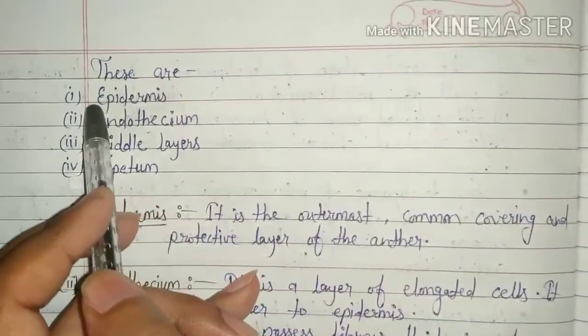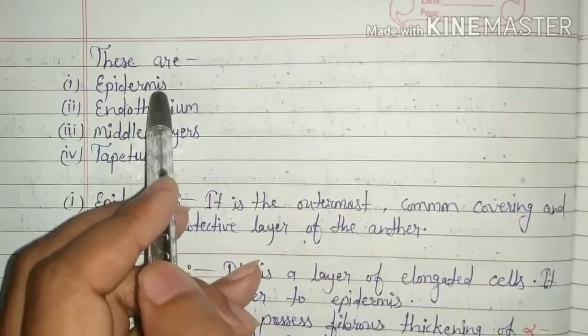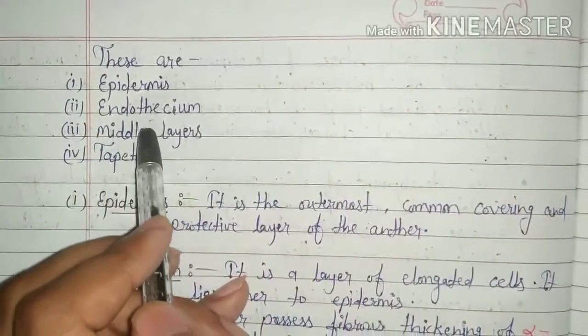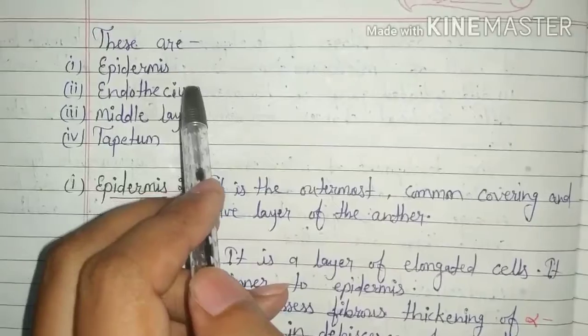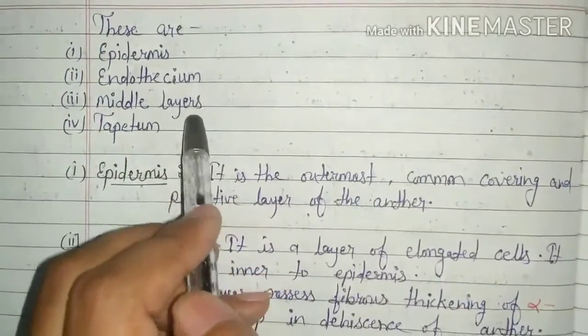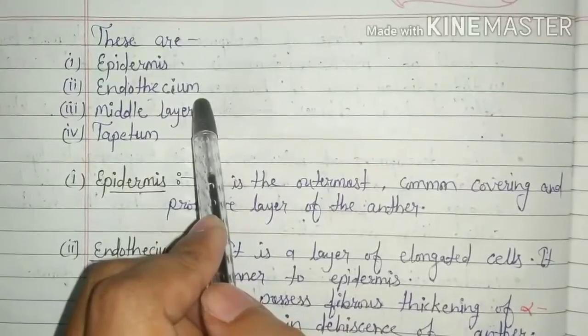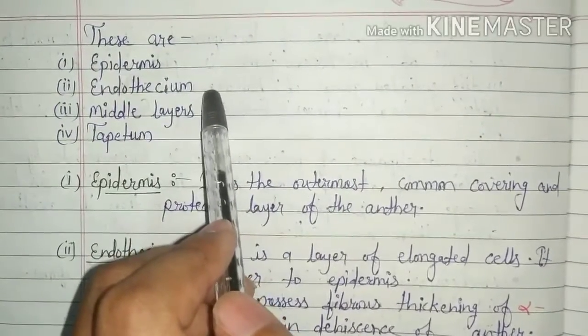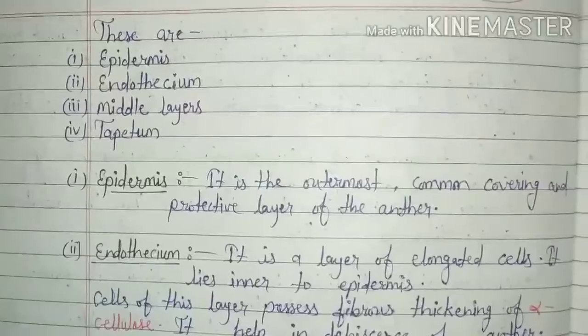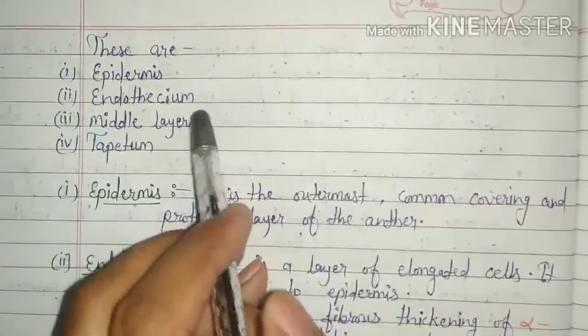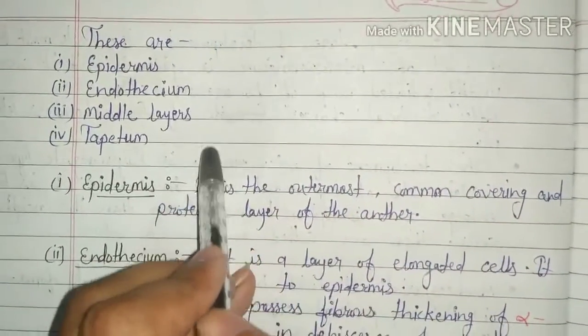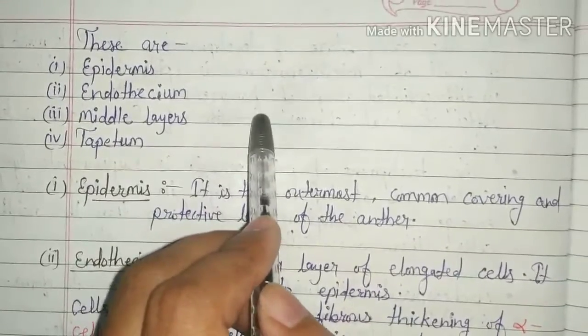Epidermis layer is formed at early stage, and after development of microsporangium, 4 chambers are formed, and these 3 layers are formed by hypodermal cells of microsporophyll.